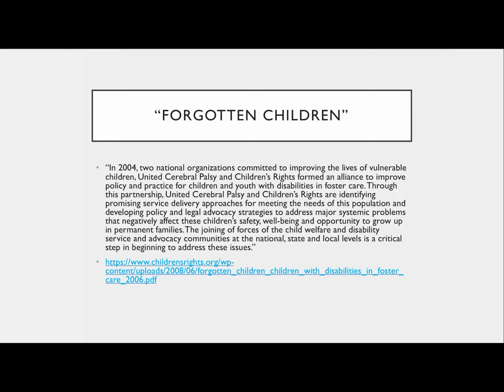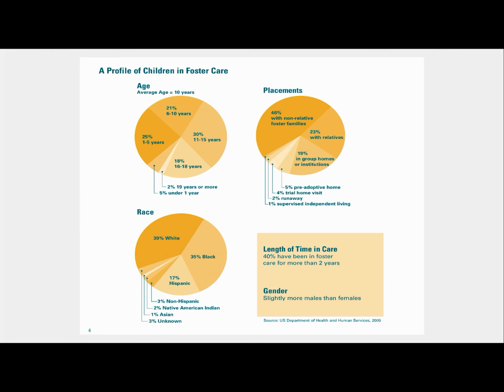The joining of the forces of the child welfare and disability service and advocacy communities at the national, state, and local levels is a critical step in beginning to address these issues. There are issues within the entire system, at state and local levels, and bringing light to this issue is what these two groups did, and how they can try to begin this sort of umbrella effect over these organizations.